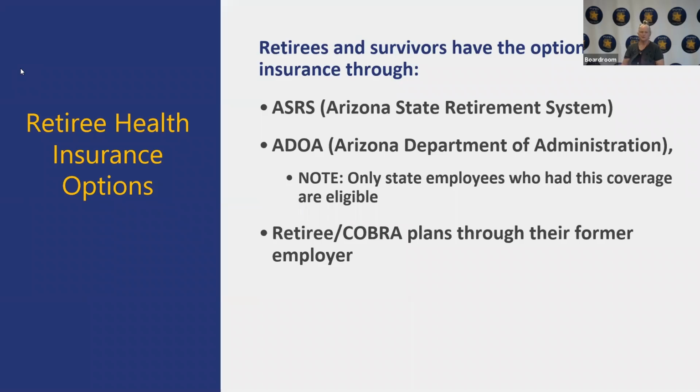There's subsidy through Arizona State Retirement System and our retirement, but insurance varies depending on where a member worked as an active employee. Therefore, as you see on this screen, there's ASRS, Arizona Department of Administration, and retiree or COBRA coverage offered through their former employer. Those are the three sources of insurance that a member may submit for subsidy on.